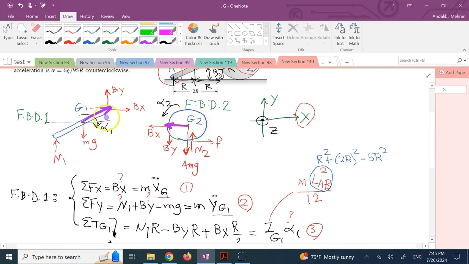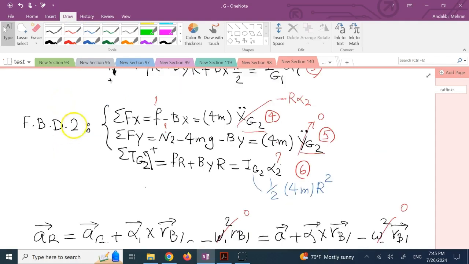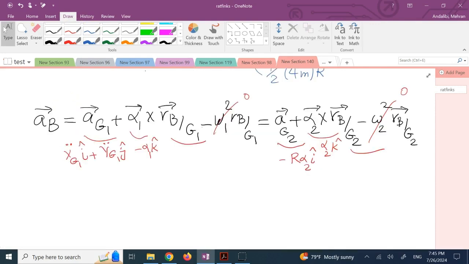For this one, if you remember, the horizontal portion is R, the vertical portion is R over 2. So the first one is going to be R i plus R over 2 in the j direction. And the second one is simply negative R in the i direction.